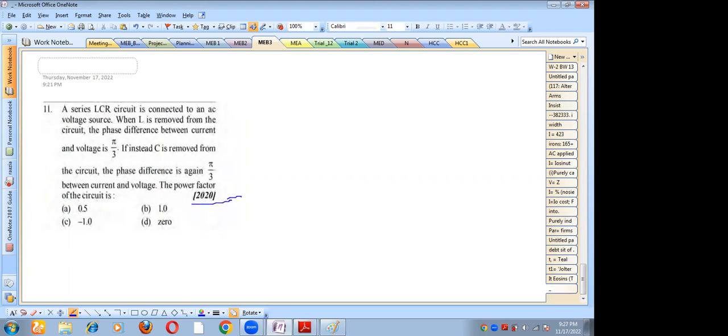It says a series LCR circuit is connected to an AC voltage source. So suppose we have an LCR circuit.